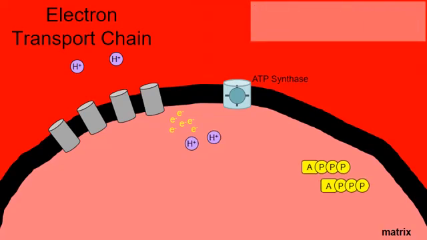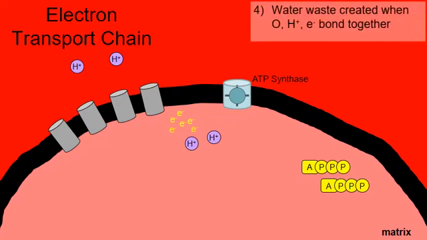Well, as we wind down, notice how there are some hydrogens and electrons that are now regathering inside the matrix. There has to be a way to clean these up in order to keep the process moving. And this is where the water is formed. If you look at the chemical formula of cellular respiration, one of the products that's formed is water.